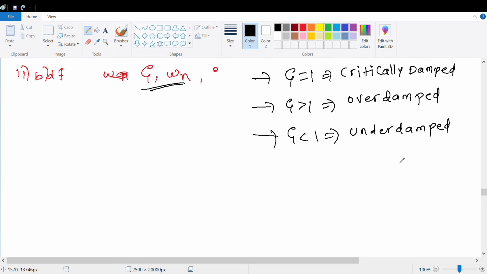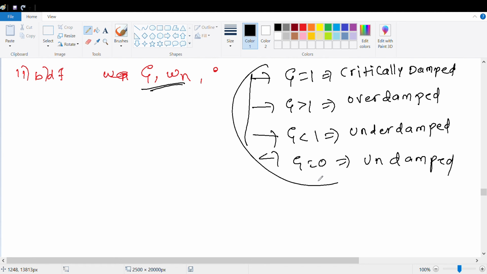Until now we know an underdamped system is one in which the poles are complex conjugate, and we can find damping using this also. We just need to compare two methods. That is what he asked. And if zeta equals 0, it is undamped, there is no damping.